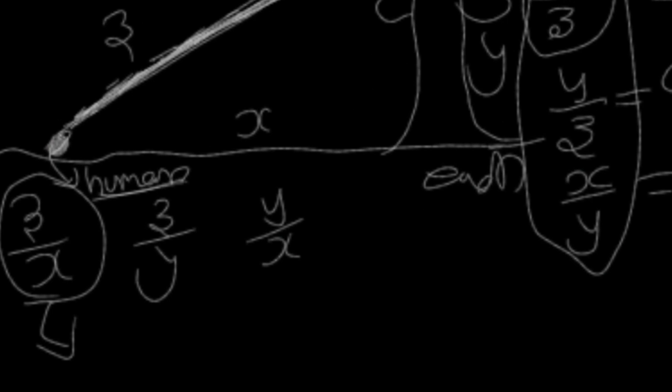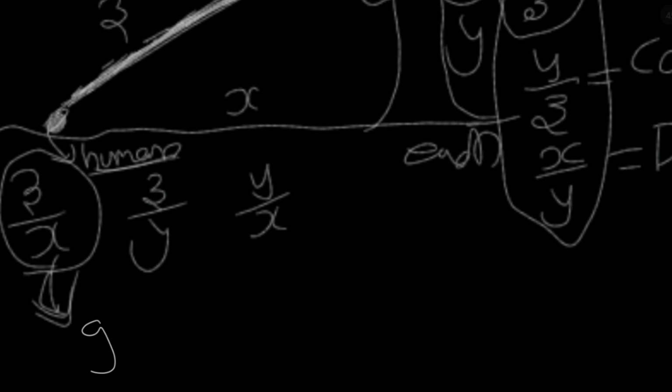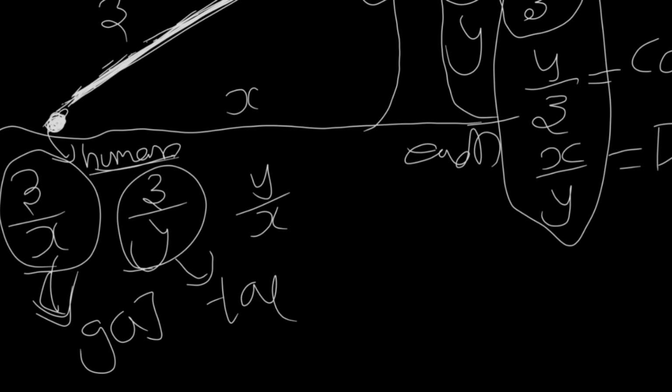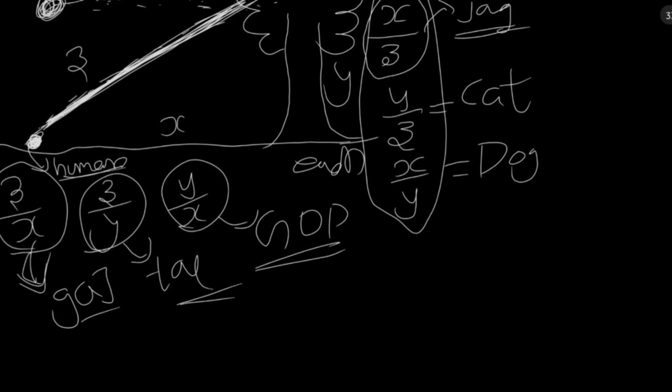This is the reciprocal of jug, so I'll name it gaj. This is the reciprocal of cat, so I'll name it tack. And this is the reciprocal of dog, so I'll name it god. These are the names of the 6 ratios: jug, cat, dog, gaj, tack, god.